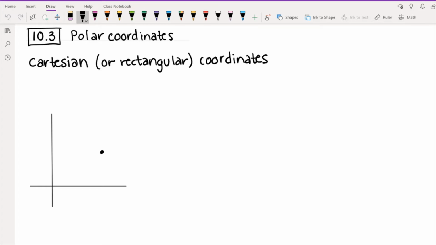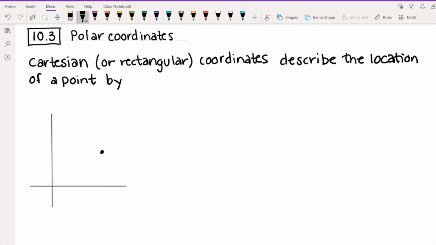So Cartesian or rectangular coordinates describe the location of a point, and how do they describe it? They describe it by its horizontal and its vertical positions.